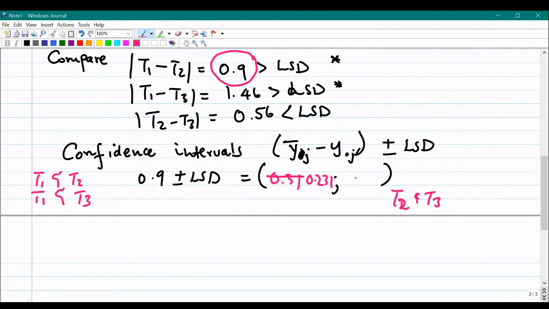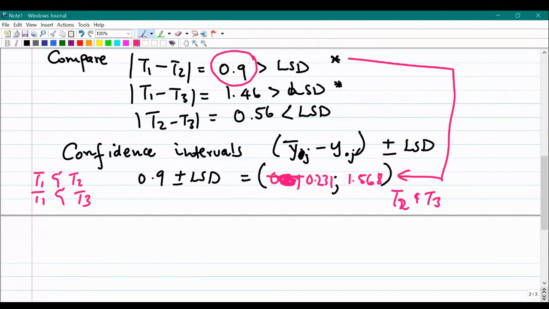And the upper limit? 1.568. So you see, whatever the LSD is saying, even the confidence interval is saying the same thing. As long as 0 is not included in the confidence interval, it means the two means are not the same. Since 0 is not included in the interval, there is a difference between those two means.